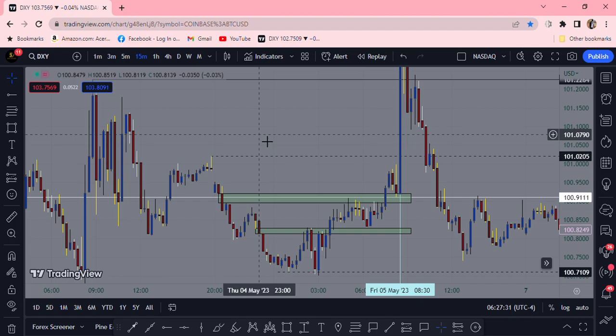So right now we are talking about this bullish dollar. We have correlation pairs like gold and USD JPY. What happens if the dollar is bullish? Gold sells, USD JPY buys, and all indices sell. We're talking about Nasdaq, US 50, German, they'll all sell.